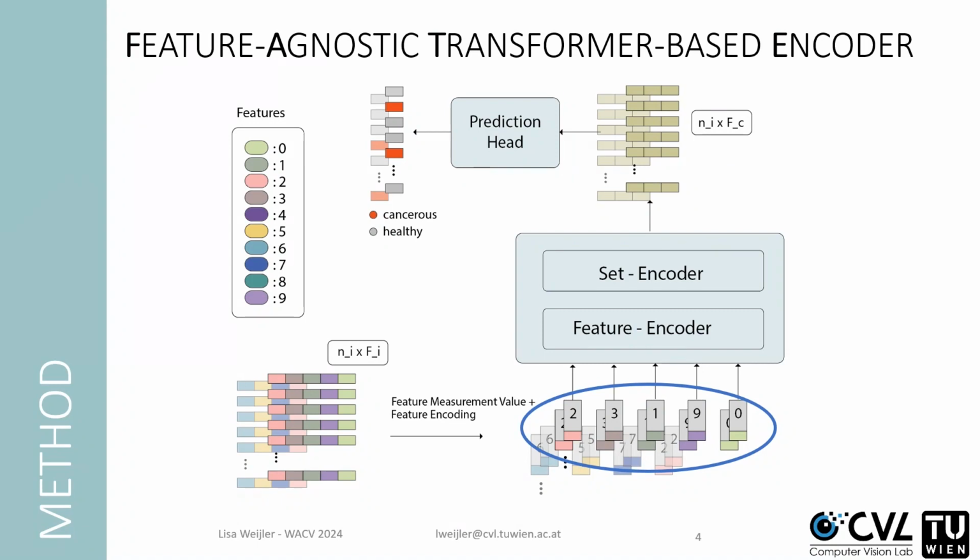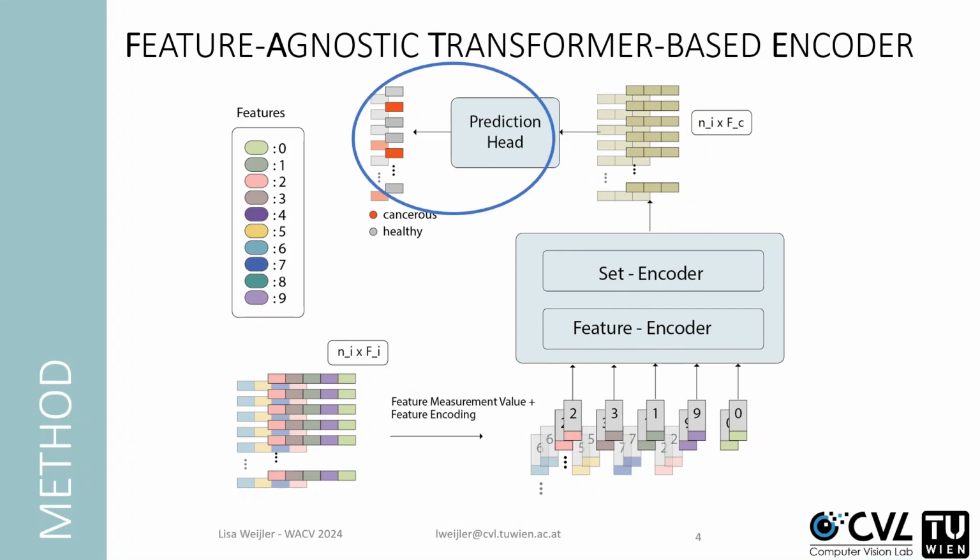The feature encoding is a learned vector that we concatenate to the scalars. Those are then processed with the feature encoder and further with the set encoder, resulting in a general embedding space with fixed length feature vector, regardless of the number and ordering of input features. Finally, cancer cells are detected with a simple multi-layer perceptron prediction head.